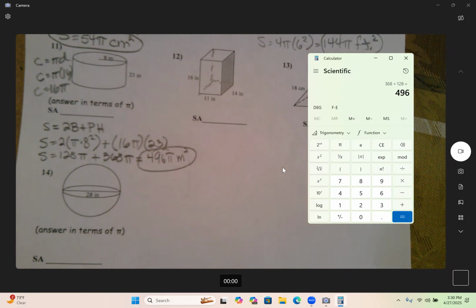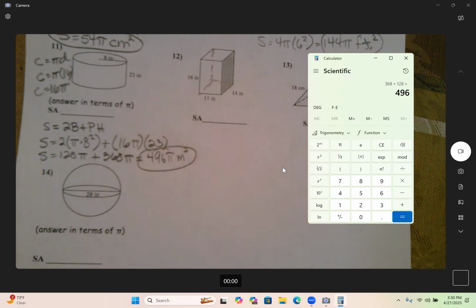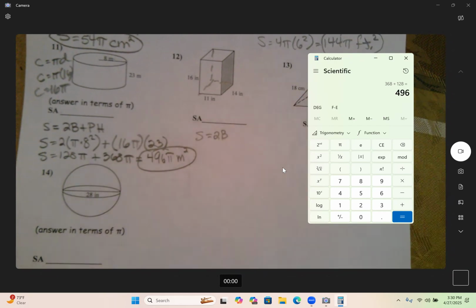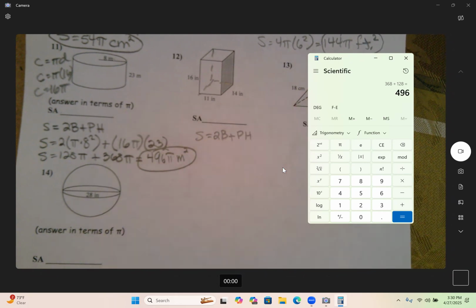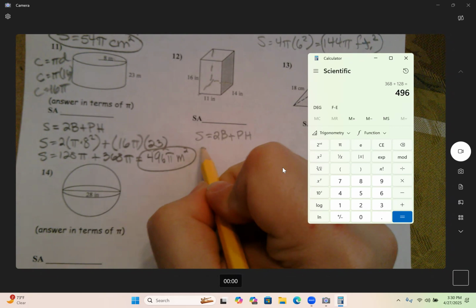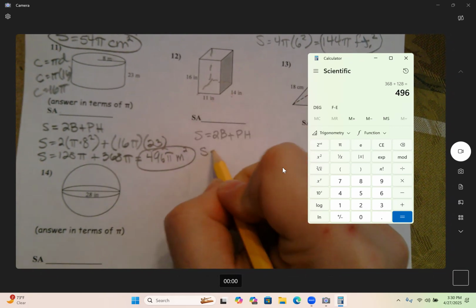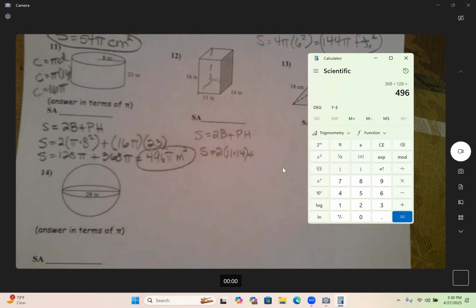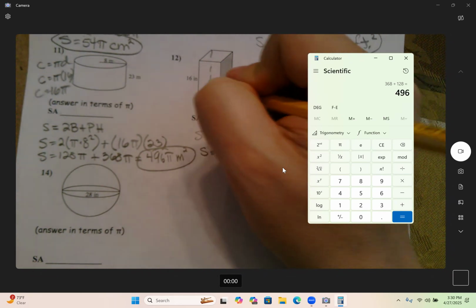All right, so surface area of a prism again, top and bottom are parallel and congruent. So this is a prism. So it's just like a cylinder, twice the base area plus perimeter of the base times the height. All right, base area, this is a parallelogram, so base times height. So that would be 11 times 14. Okay, now we have to do the perimeter of the base. This is 11, this is 11, this is 14, this is 14.